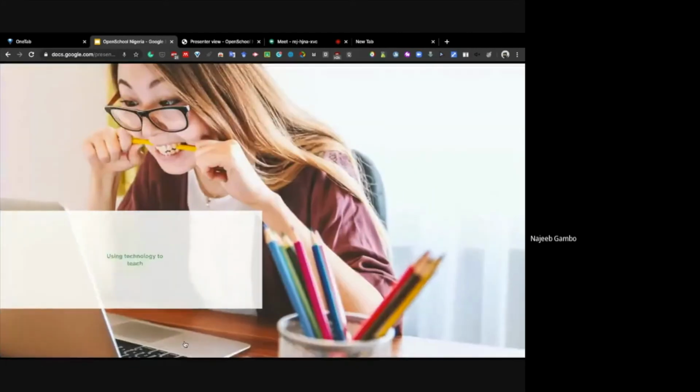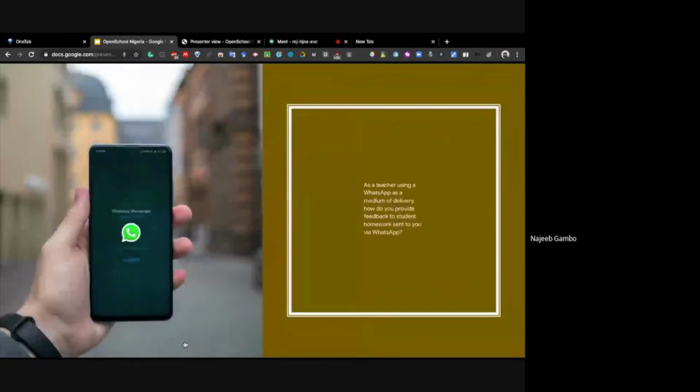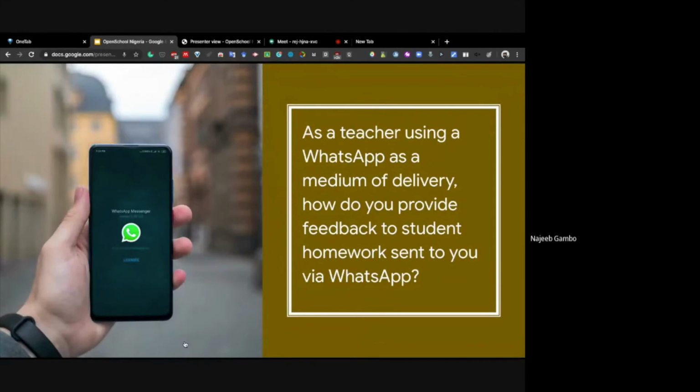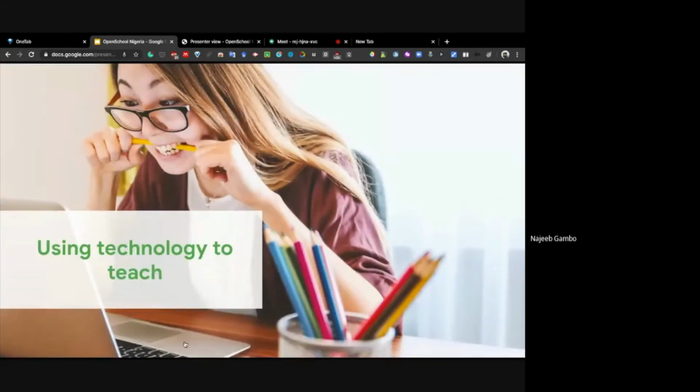The second one is using technology to teach. Here is an example: I learned some schools are using Telegram to teach students. Some schools are using WhatsApp to teach students. Yeah, this is what we have so far. But look at it, this is just an example of using technology to teach.